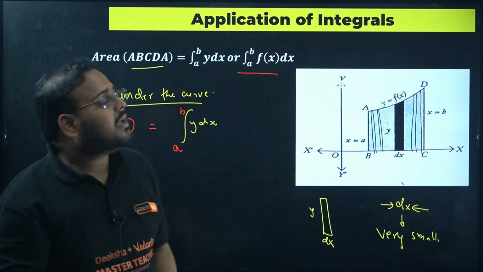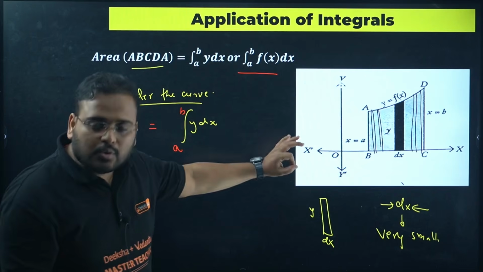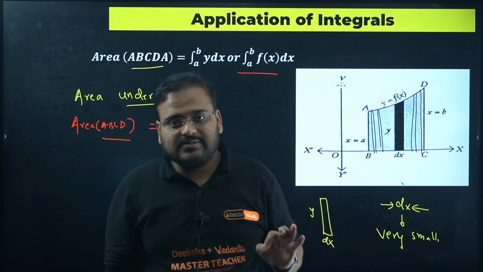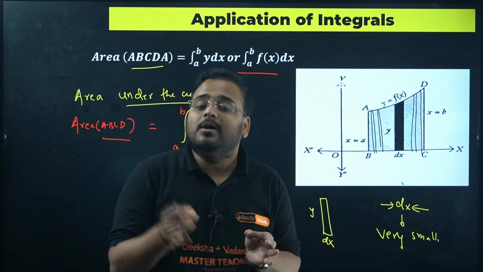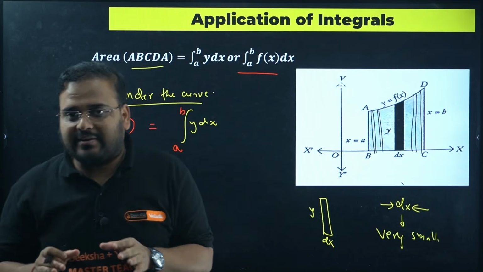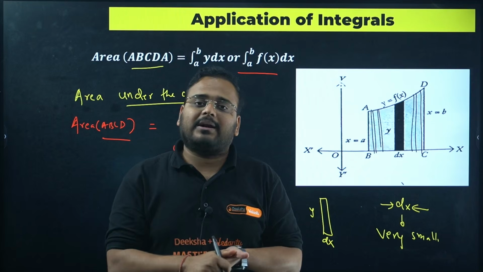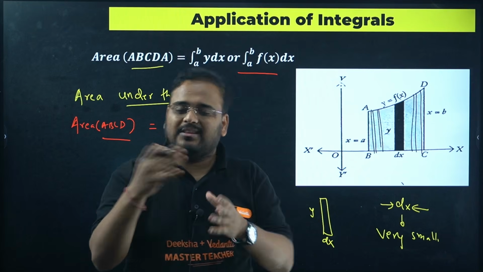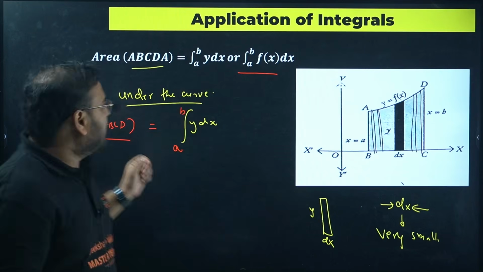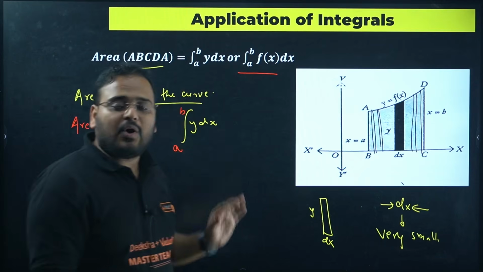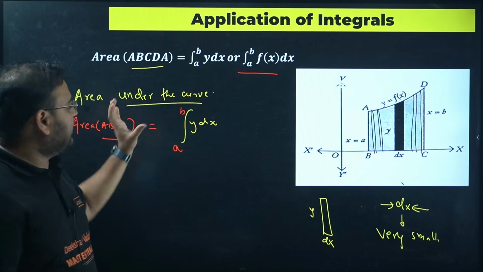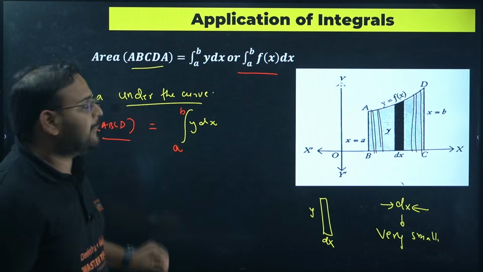Do not worry, I'll show you some special cases and some examples in this class, even though it's a concept lecture. Later, when we come to practice questions, I'm going to practice more questions in different varieties. Okay, so can we move on now? I think the basics of where the application of integrals works in area under the curve is clear now. Okay, let's continue.